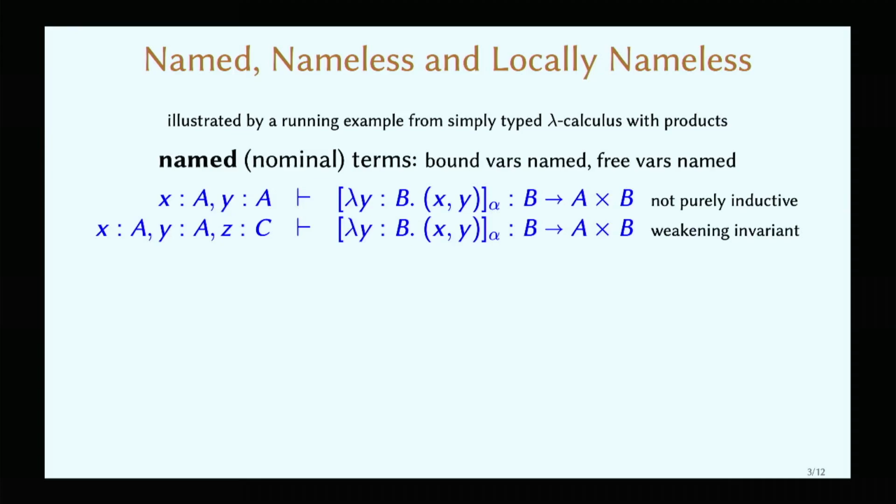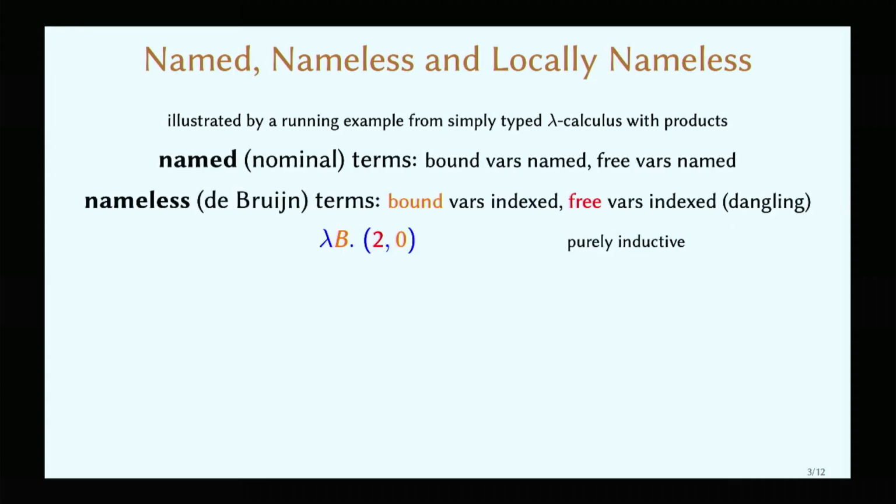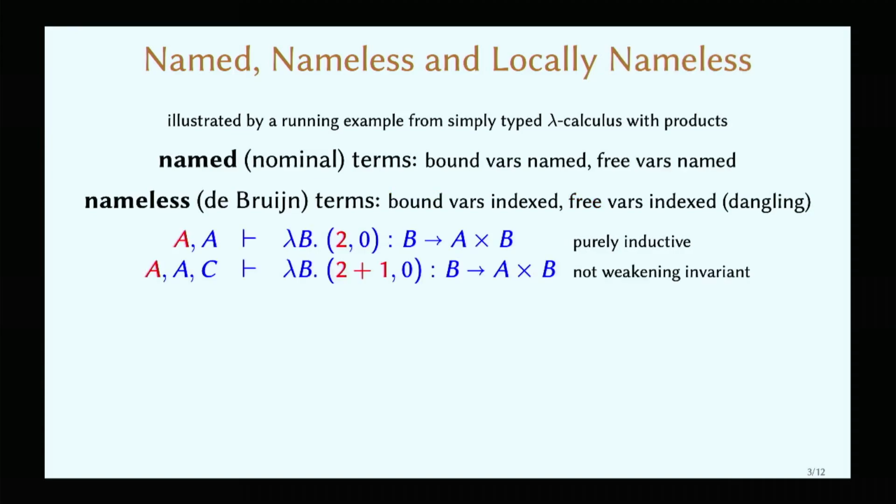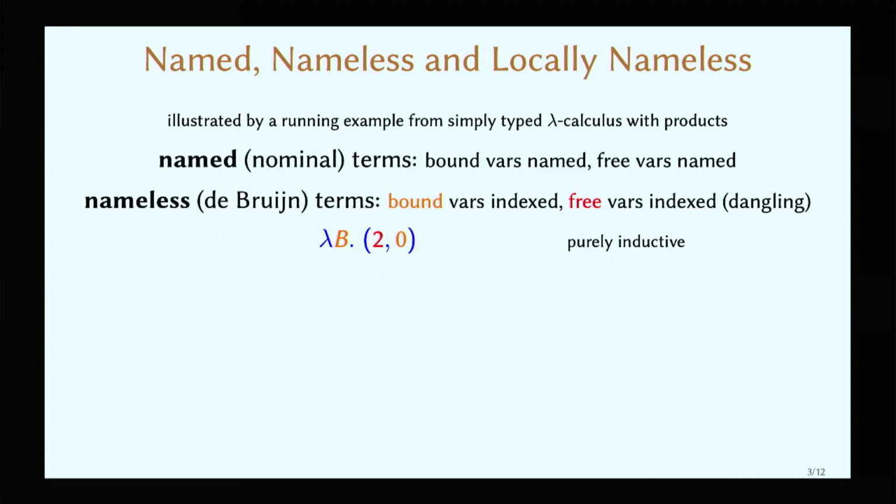Well, of course, as I'm sure you know, you can get back to purely inductive definitions by having canonical representations of equivalence classes, for example, using nameless terms with De Bruijn indices. So now we've got the natural numbers acting as indices, and I'll use the form of index that counts from the occurrence out to where the occurrence is bound. So our term now looks like this.